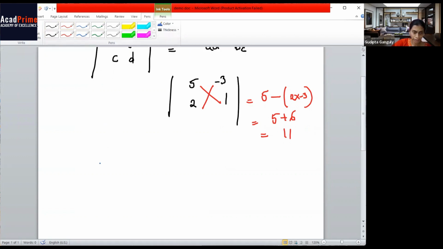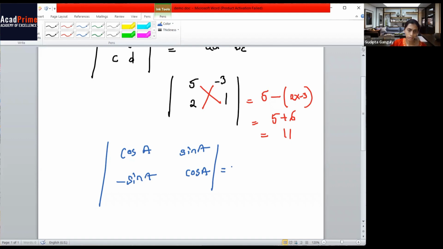For that, your basic concept should be clear. So if I have cos A here, you have sine A, then negative sine A, and here I have cos A. As I have told you, follow the same path.